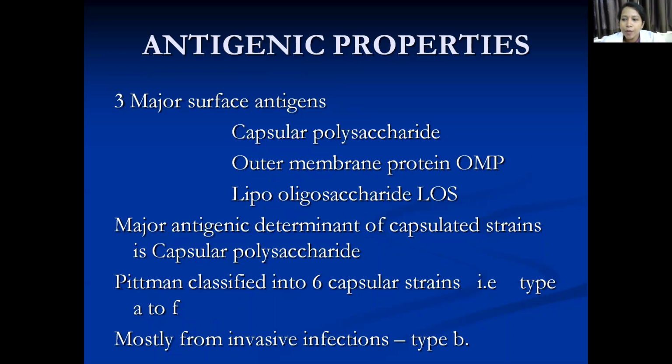Then antigenic properties. What contributes to the antigenic property of Haemophilus? Why is Haemophilus antigenic or pathogenic in nature? Because of these 3 things.